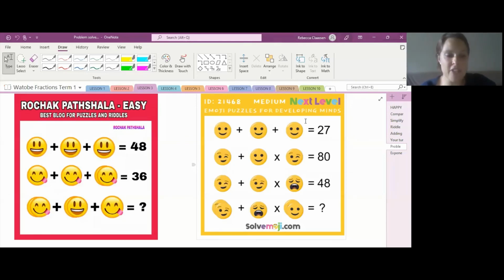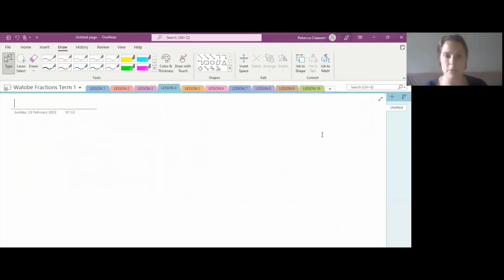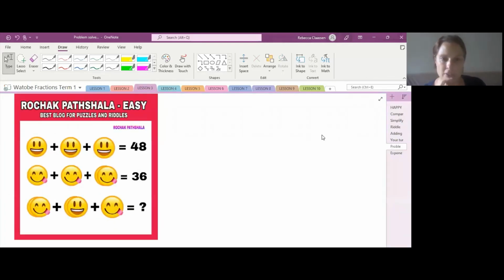You've got to try and figure out what the last number is by deciding what each emoji counts for. Each emoji has a special number that it means. Maybe everyone try the pink one, and we'll save the yellow one for next time, because we're going to run out of time. So we're going to do the pink one for now.